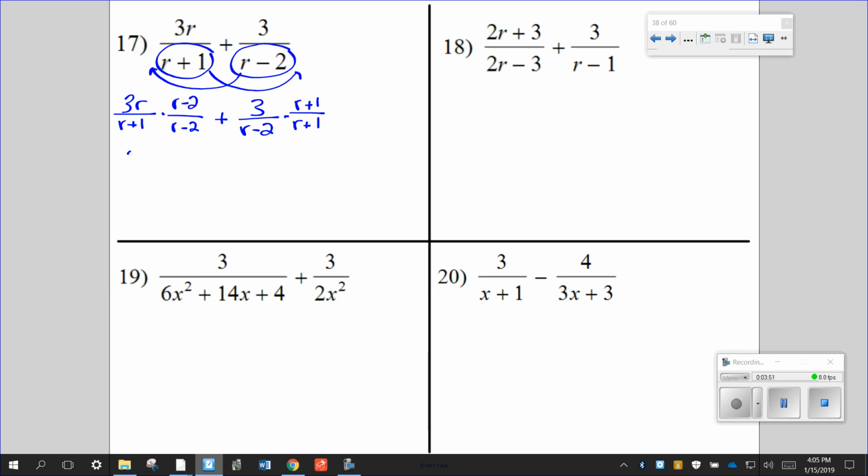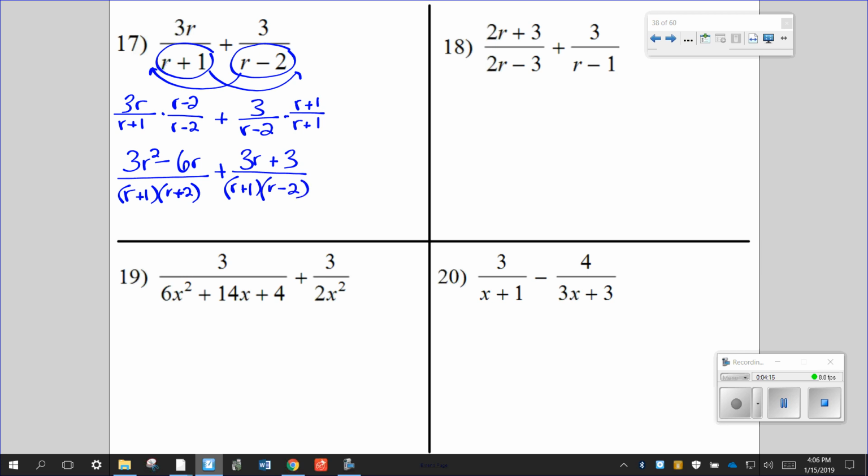So 3r times r, that's 3r squared. 3r times negative 2 is a negative 6r, and that's over r plus 1 times r minus 2. That is being added to 3 times r plus 3 times 1 over r plus 1 times r minus 2.